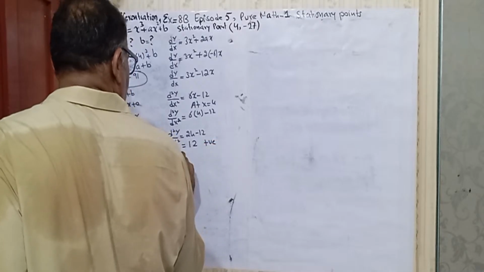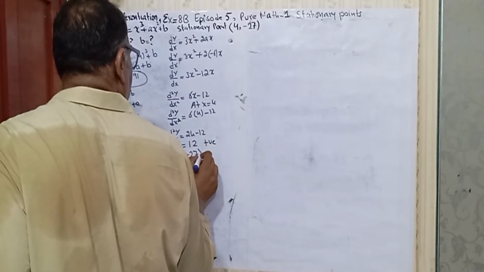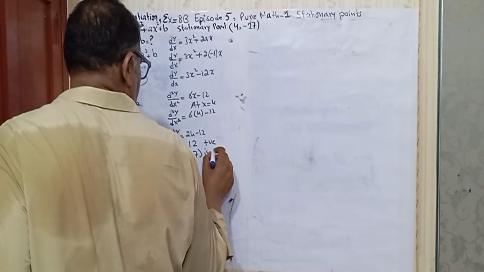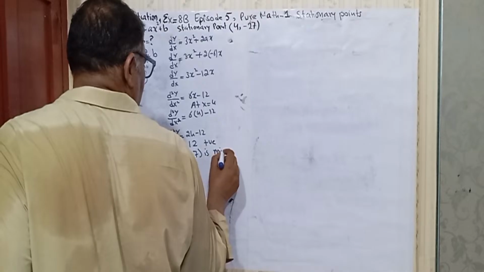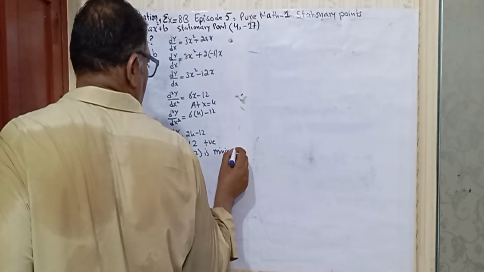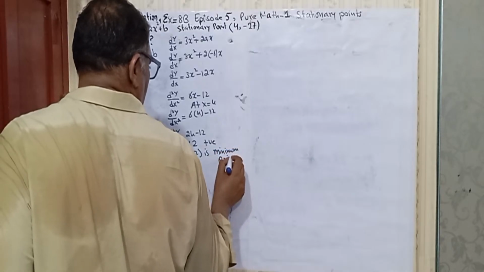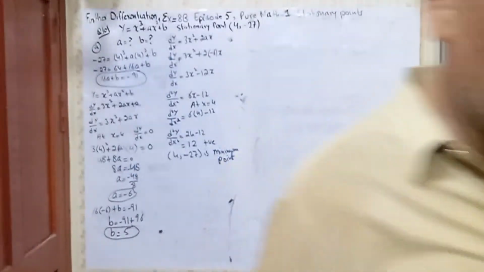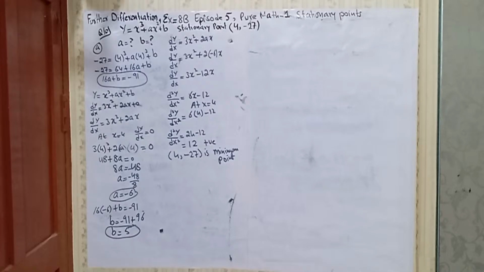So it means that (4, -27) is positive, so this will be the minimum point. That means at (4, -27) it will be our minimum point.